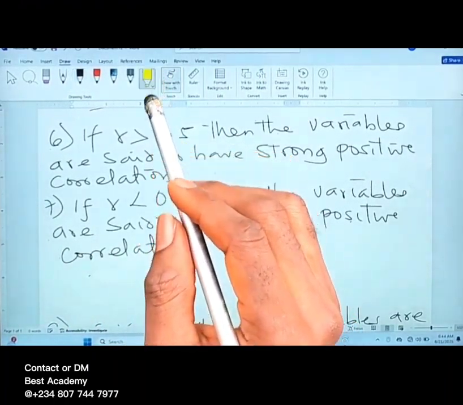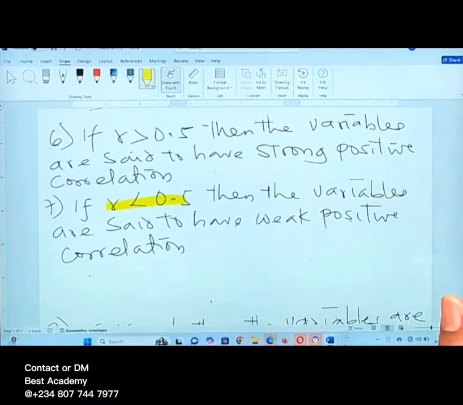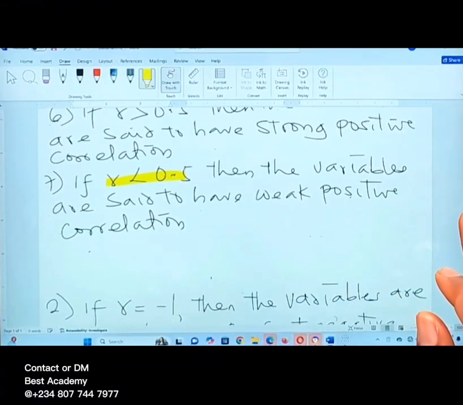That is, if you have 0.4, 0.3, 0.2, 0.1, except 0, that value is said to be weak positive correlation. Please take note.